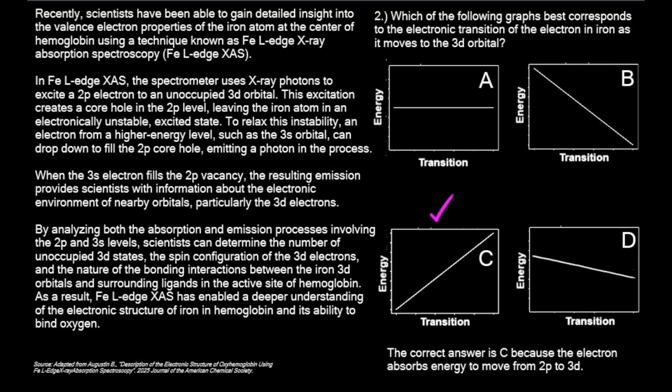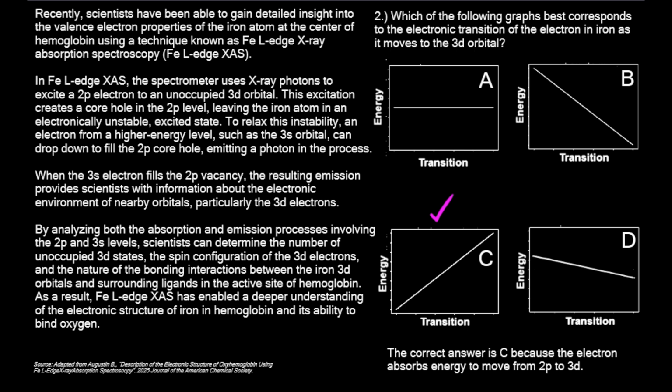So the correct answer is option C because the graph shows an increase in the energy from before to after the transition, representing the electron absorbing energy as it moves from the 2p orbital to the 3d orbital.